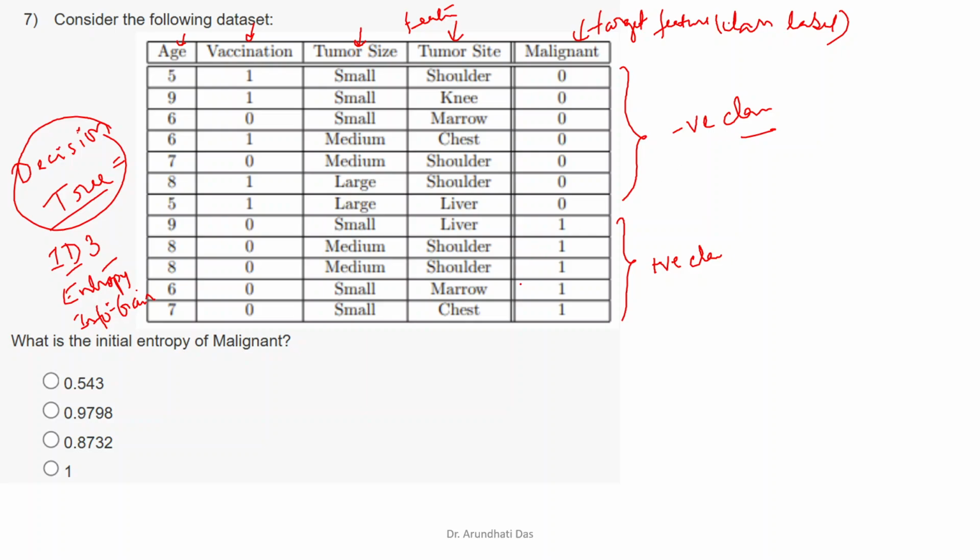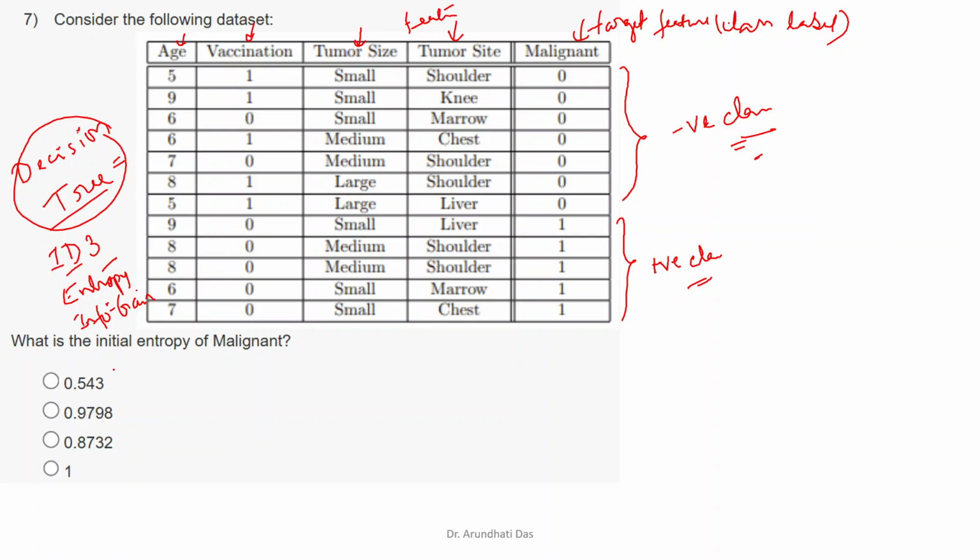So basically this decision tree will be able to decide upon these two classes based on the different feature values, whether that particular tumor is a negative class of malignant or positive class of malignant.